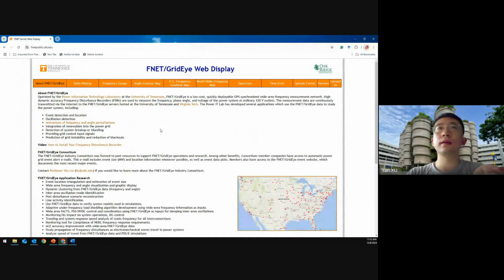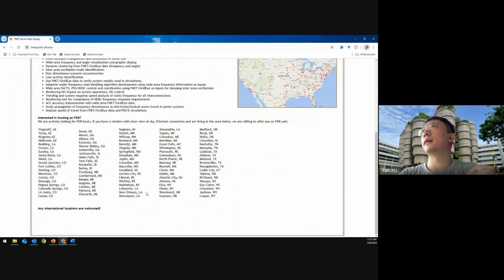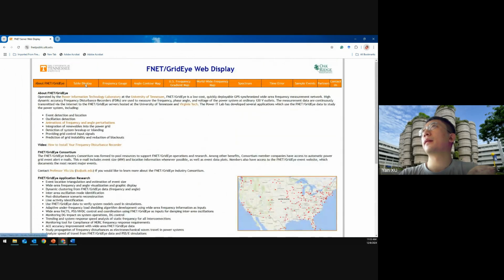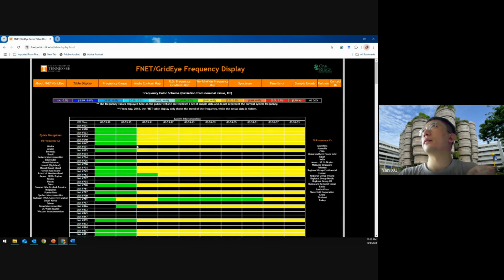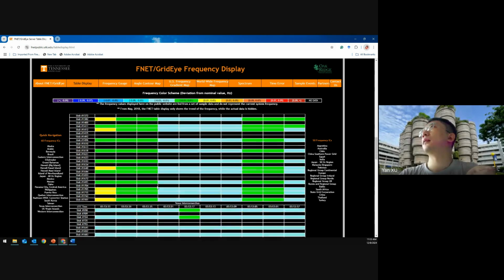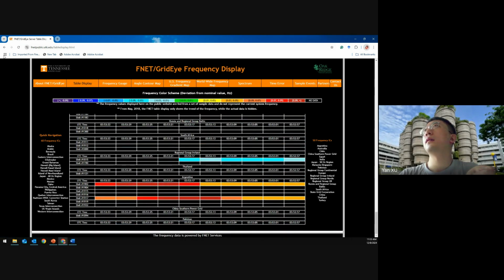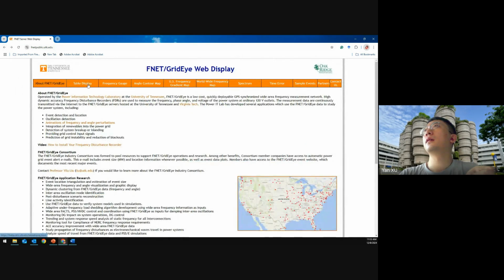I guess they provide the open source data. You can go to their website and have a check. I guess there are some data.